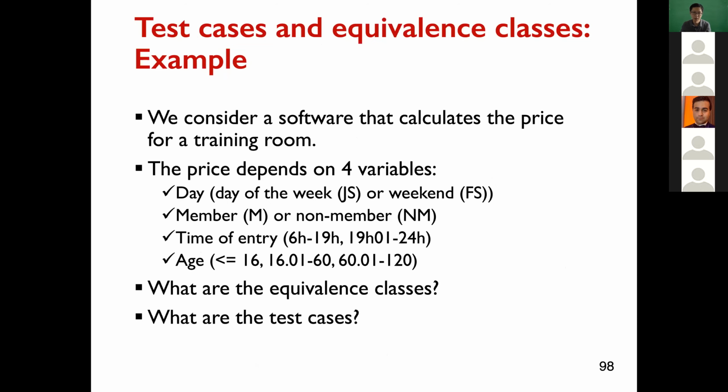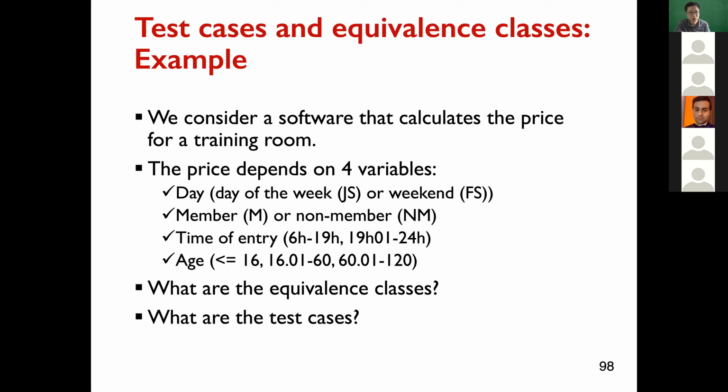Let's look at a complete example. This example is from a textbook. We consider software that calculates the price for a training room, right? The price depends on 4 variables. The first variable is the day of the week. The second is member or non-member.